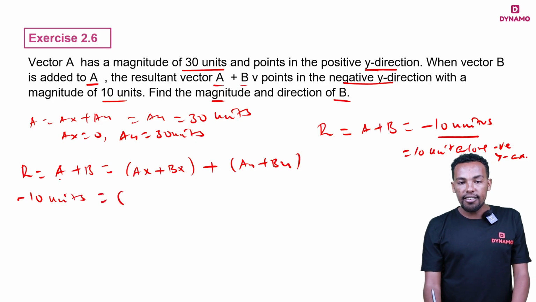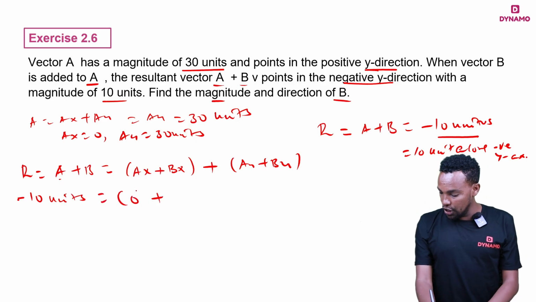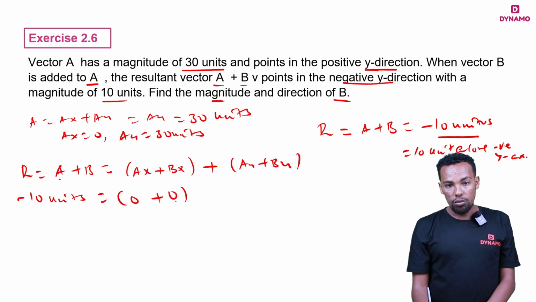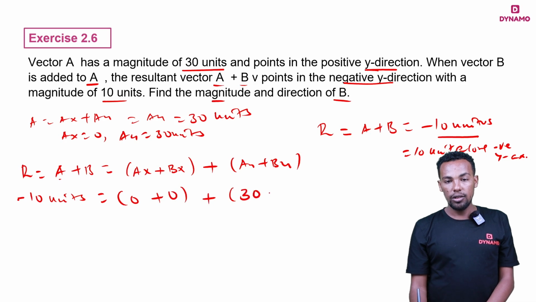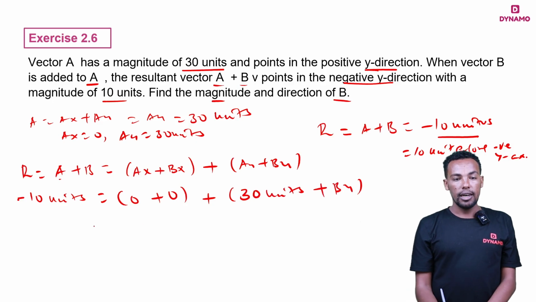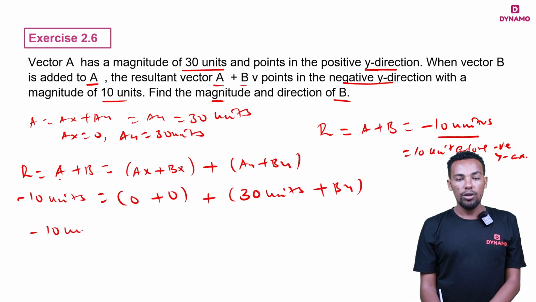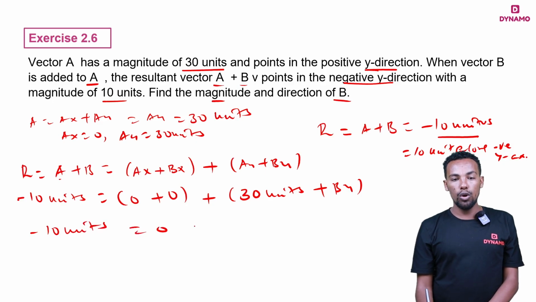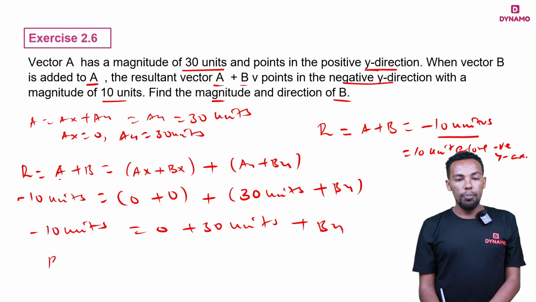AX is 0, so RX is 0, and BX is 0. AY is 30 units. So minus 10 units is equal to 0 plus 30 units plus BY. Therefore, BY is equal to minus 10 units.